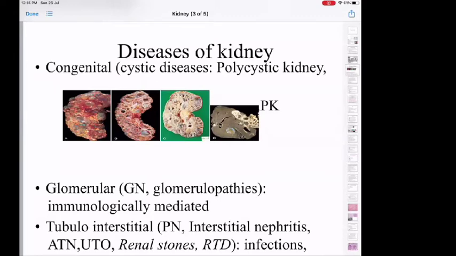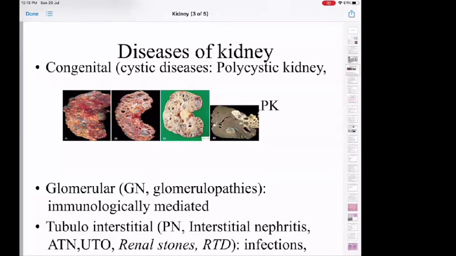Adult polycystic kidney disease is autosomal dominant, and childhood or pediatric polycystic kidney disease is autosomal recessive. Second disease of kidney is glomerular disease, like glomerulonephritis and glomerulopathies. And these glomerular diseases are immunologically mediated. Mainly immunologically mediated means T cell, IgG, IgA.